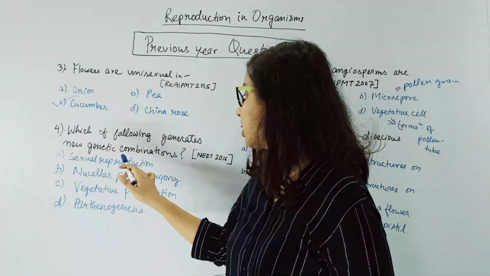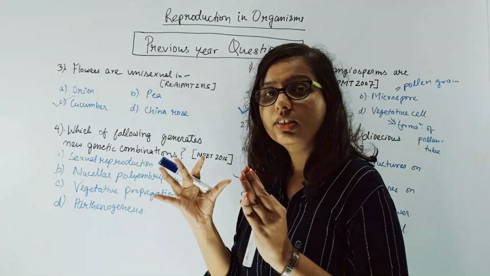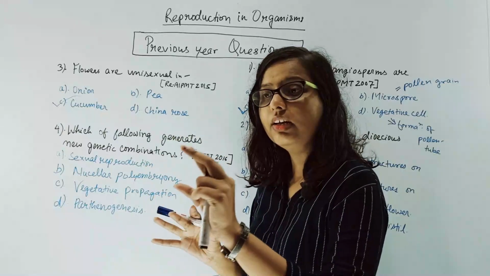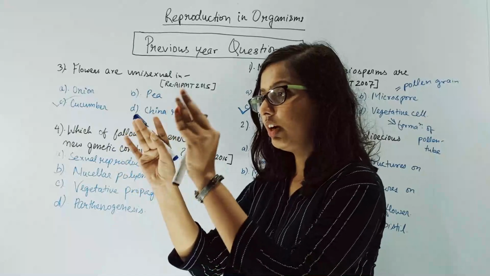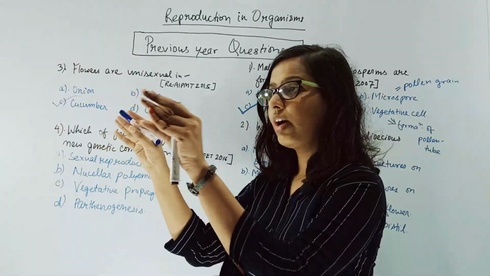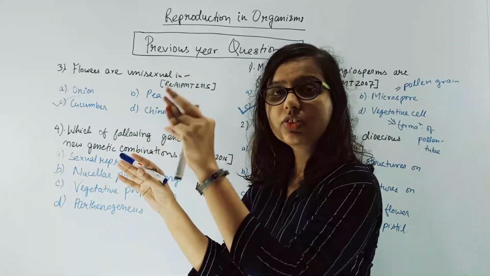So what happens in sexual reproduction? In sexual reproduction, two gametes fuse. One gamete is from the male parent, the second gamete is from the female parent. Father and mother are two different organisms, so their genetic makeup, their genes, will be different.